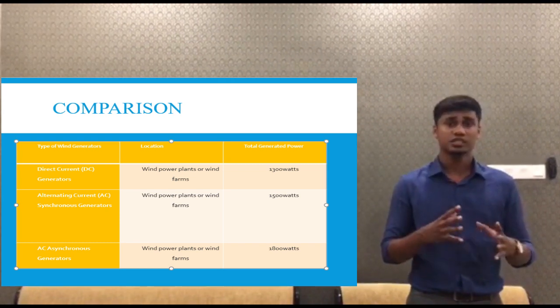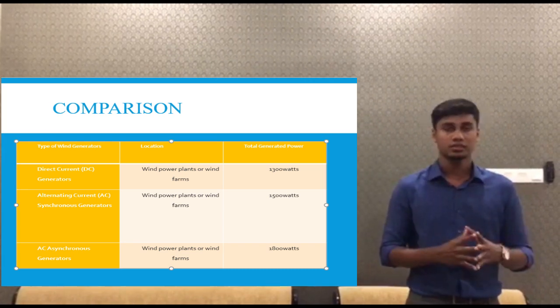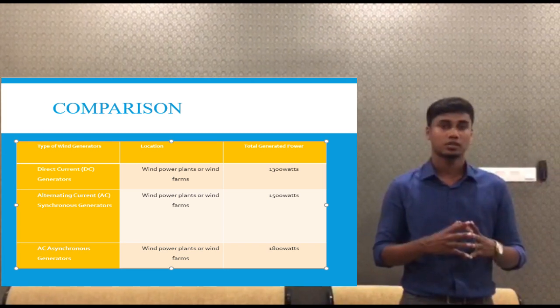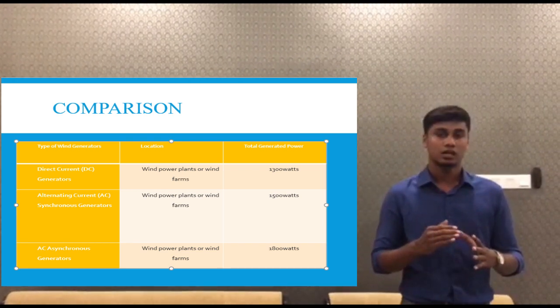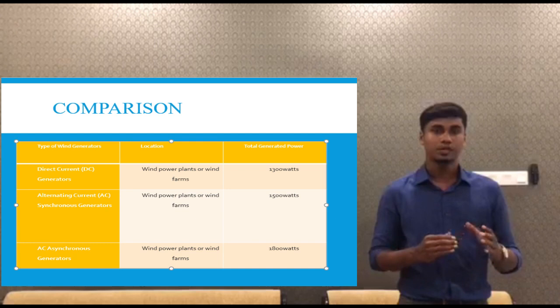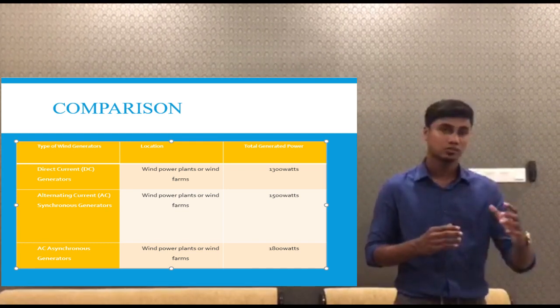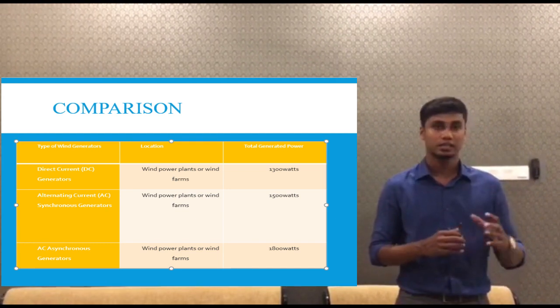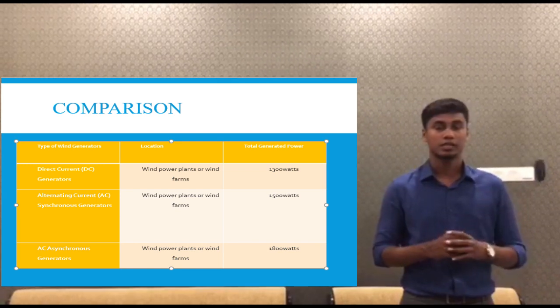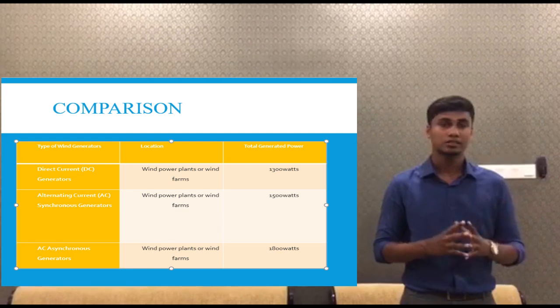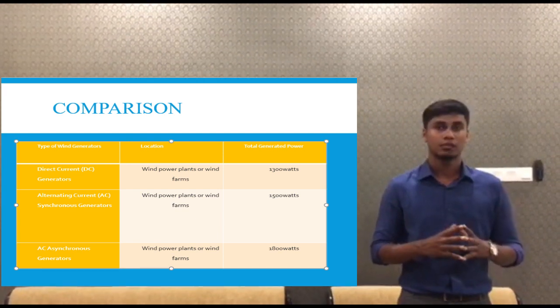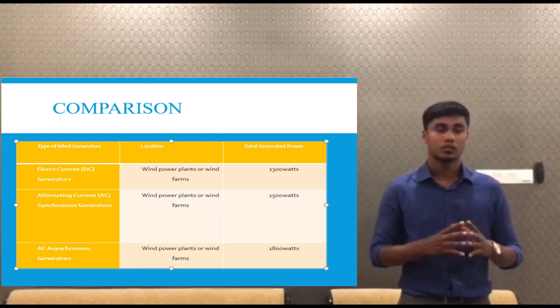Thirdly, the alternating current asynchronized is the modern one which is mostly used nowadays. It is a bit similar to synchronized in the cost of maintenance. Other than that, there are also the locations used for this generation.